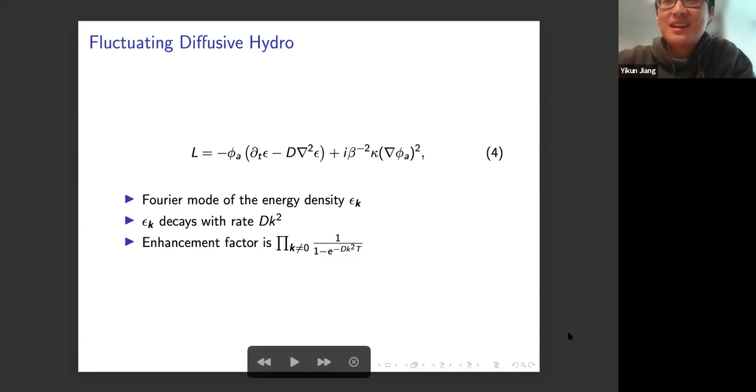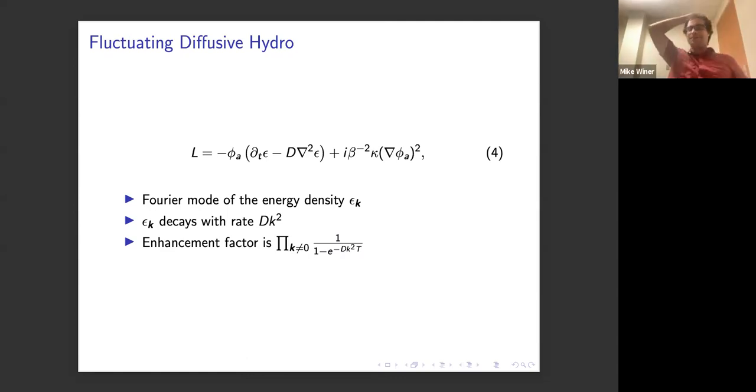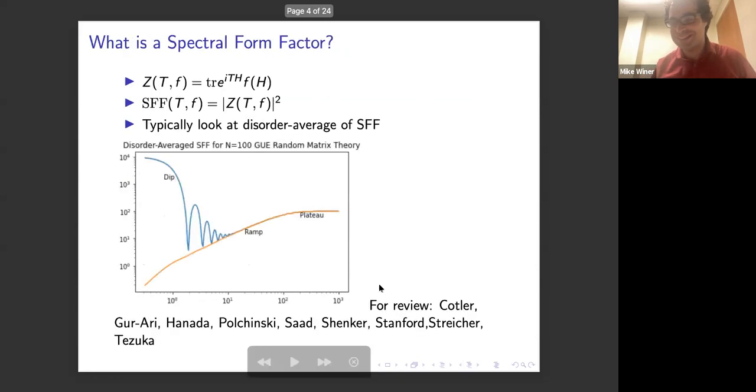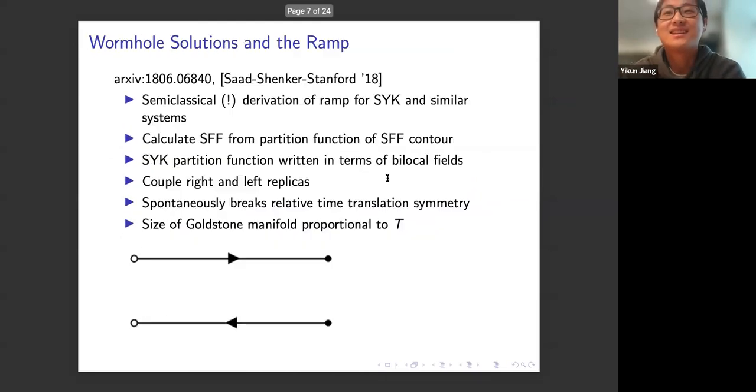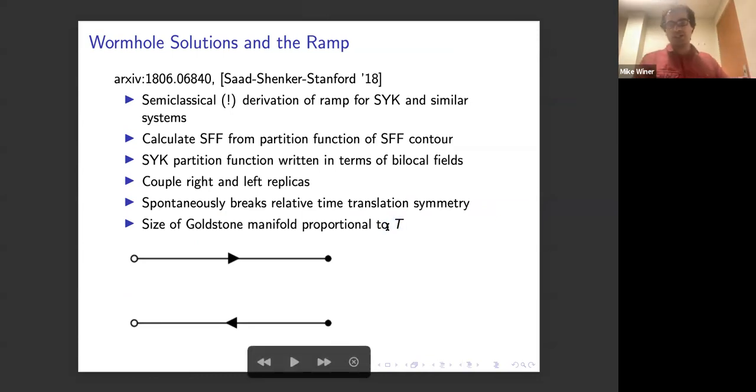Okay, great. So using this formalism, do you have an intuitive explanation why the quadratic SYK model has an exponential ramp? Oh yeah, that's a different paper that Xiaokai and I wrote, and it has a very nice explanation. I don't know, how's your SYK knowledge? So if we go back to the wormhole solutions, the idea is it's the same thing, except the spontaneously broken group isn't the time translation group.